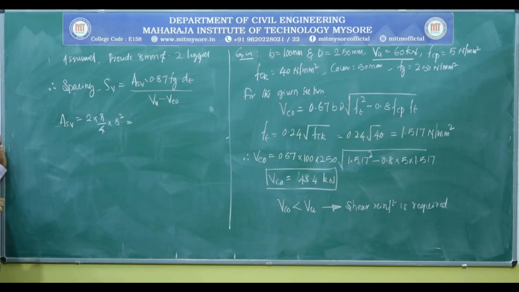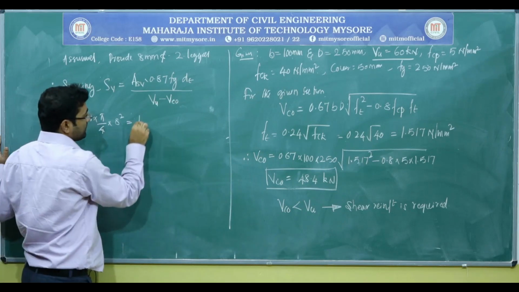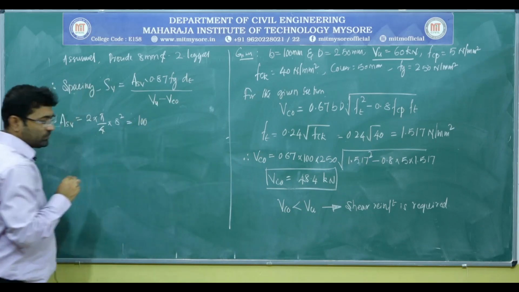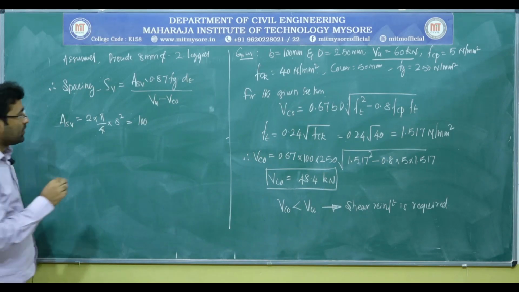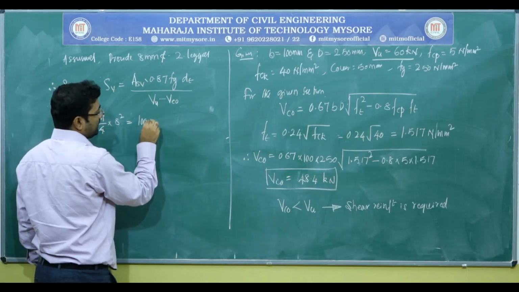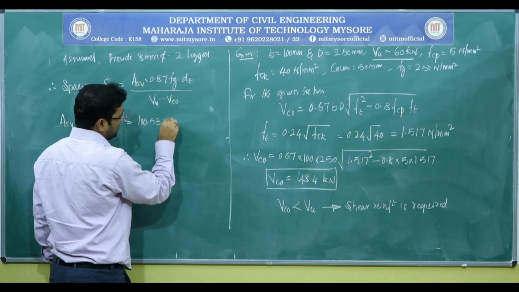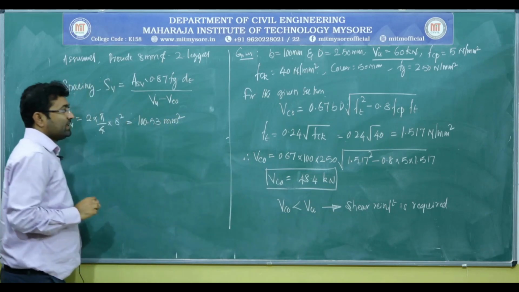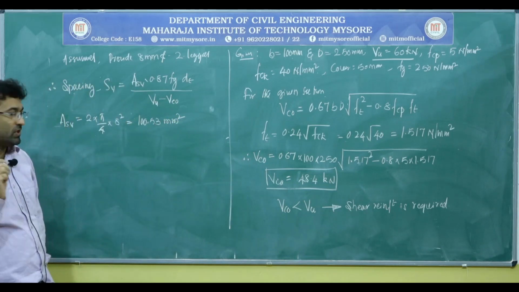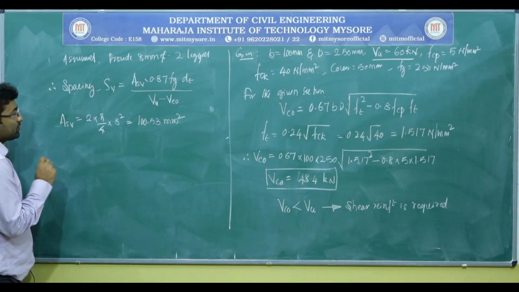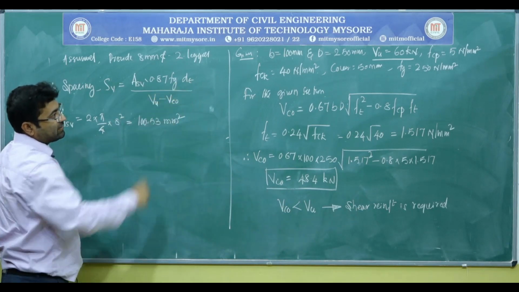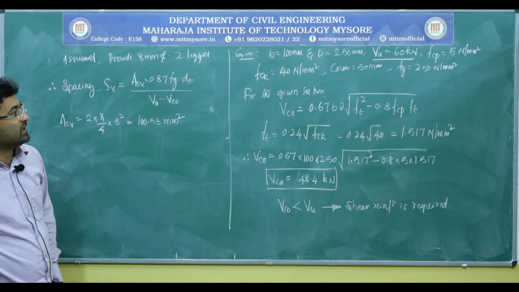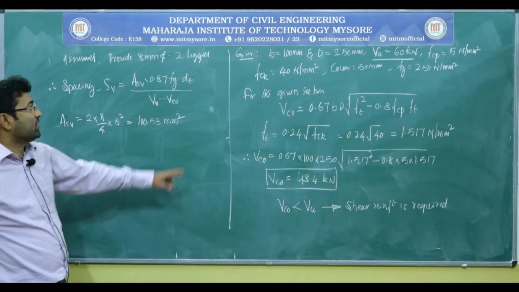So this gives us 100.53 millimeter square as the cross-section area of the shear reinforcement. Fy, that is the yield strength of the steel, is 250 newtons per millimeter square.